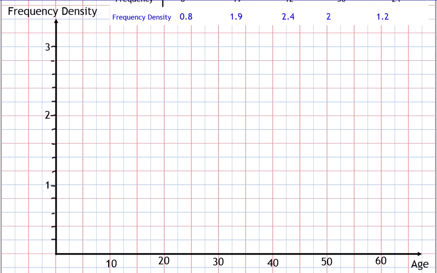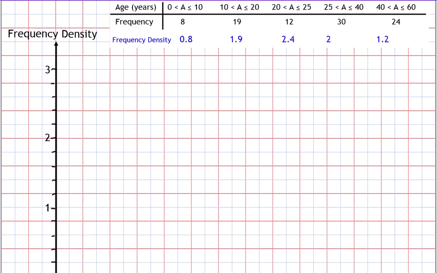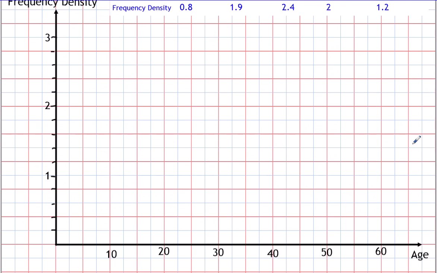Okay, so how do we draw our histogram then? So the first bar goes from 0 to 10, and we've calculated that its frequency density is 0.8. So with a pencil and a ruler, our first bar from 0 to 10 has a height of 0.8. Okay, and an area therefore of 8.